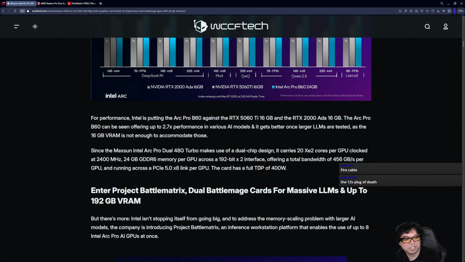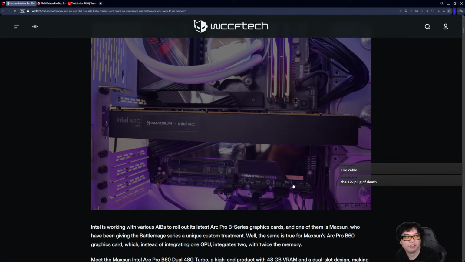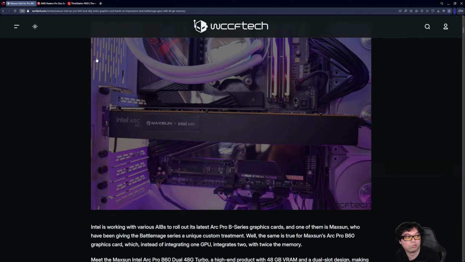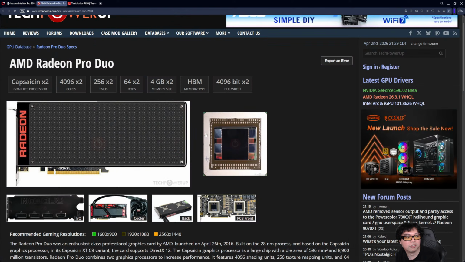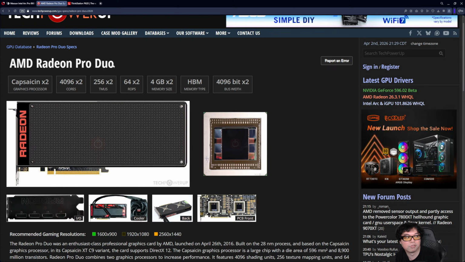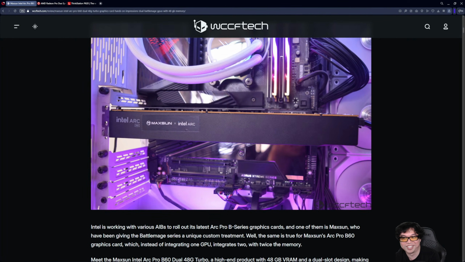The card has a TDP of 400 watts. 400 watts. Wait, hold on a second. Wait, this is air-cooled? Wait, what? I'm scared. 400 watts on a dual chip. Last time we saw this, AMD did 350 watts and it was liquid cooled. Intel's doing 400 watts air cooled on a blower style with a 12-volt high power connector.